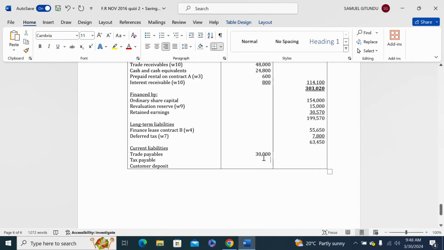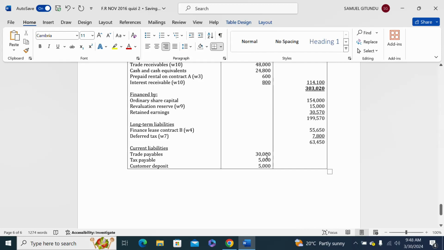Then the tax payable, that is the estimated tax, that's 5 million. And then the customer deposit was 5 million.